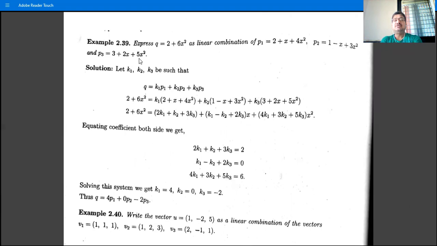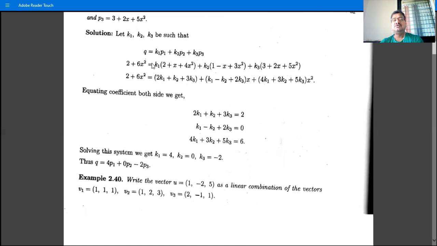So substitute the values of q, p1, p2, p3, multiply by k1, k2, k3, and simplify. That is, collect the constant coefficients. What are they? 2k1 plus k2 plus 3k3.